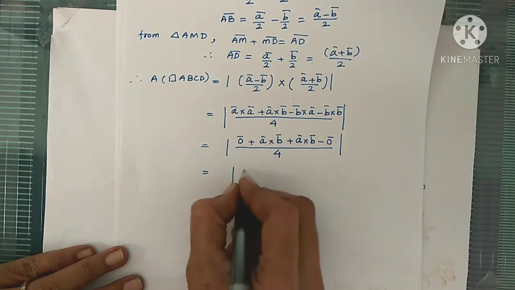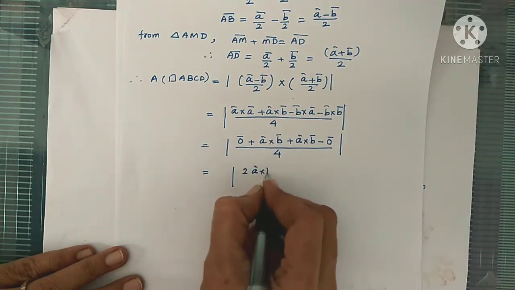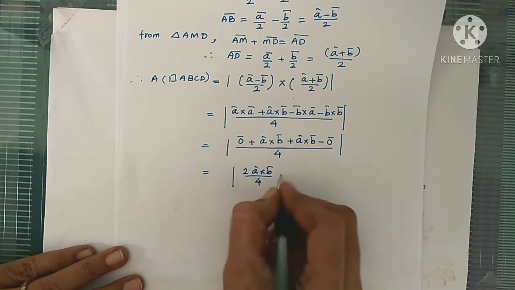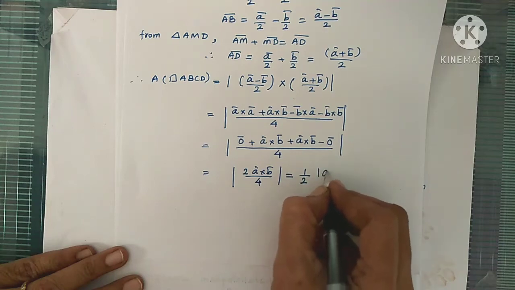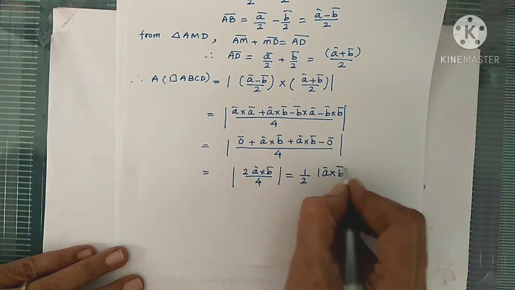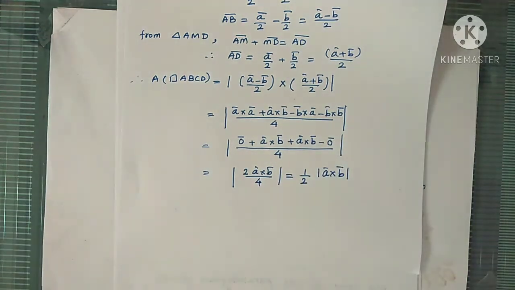So it is 2 A bar cross B bar upon 4. 2 upon 4 is 1 by 2, and taking modulus it is 1 by 2 modulus of A bar cross B bar. So this is the formula for the area of the parallelogram in terms of diagonals.